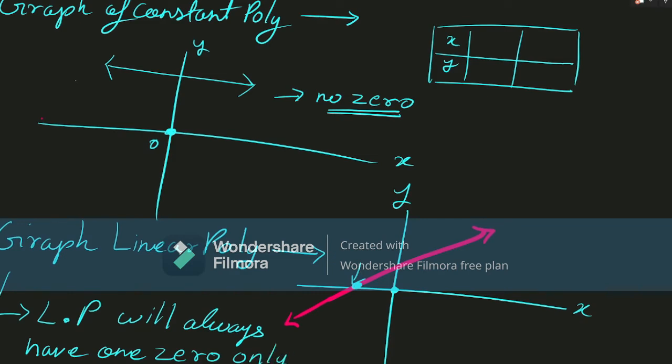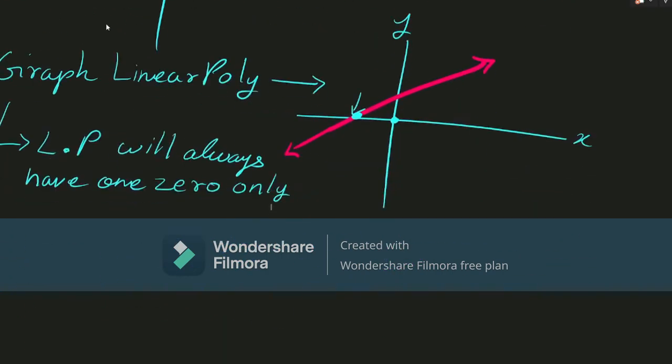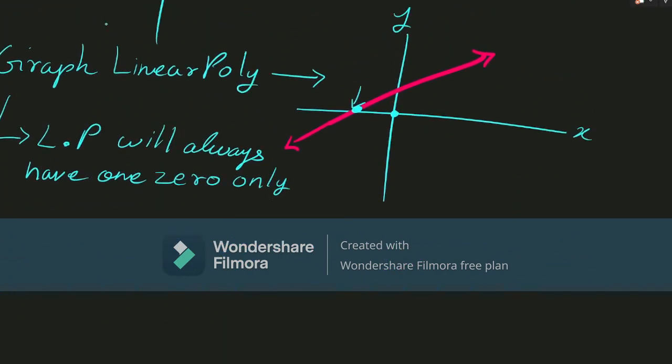Okay, so that's given in your book as well. Now let me give you some value for this point of intersection. Let's suppose this as 3 upon 2. So the zero of the linear polynomial is 3 upon 2.